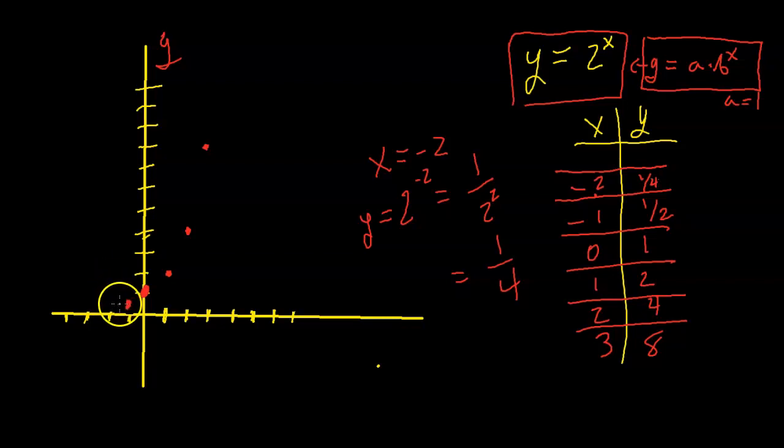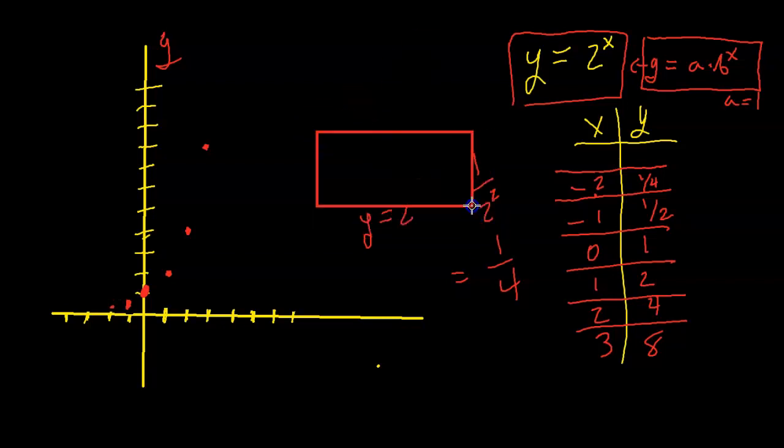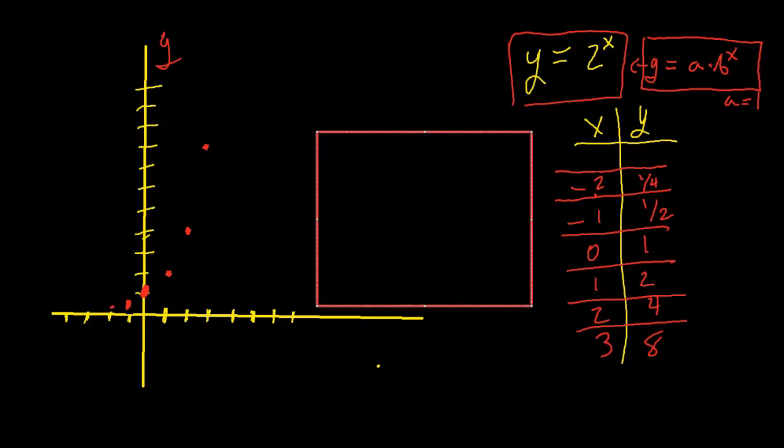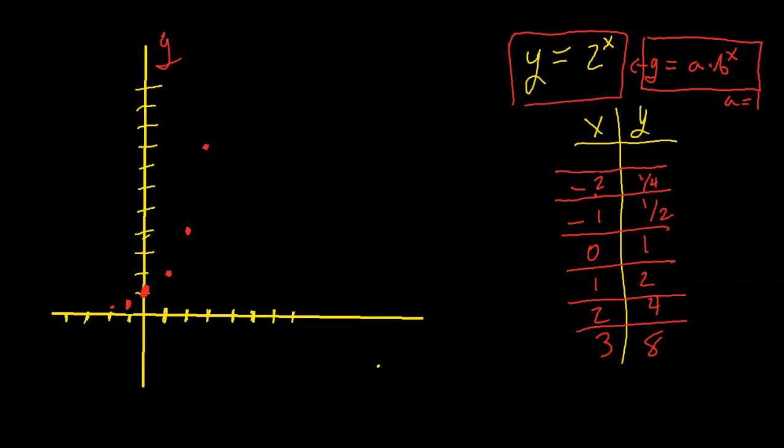So y is equal to positive 1 over 4 when x is equal to -2. All right, now we're getting smaller and smaller and smaller, right? It's going to become more difficult to graph that, won't it? For one more example, if we also tried x equals -3, it's going to get us to y equals 2 to the -3rd power, right?